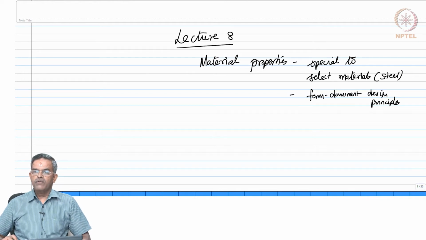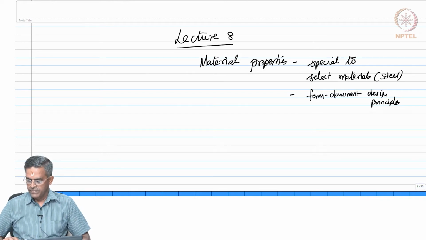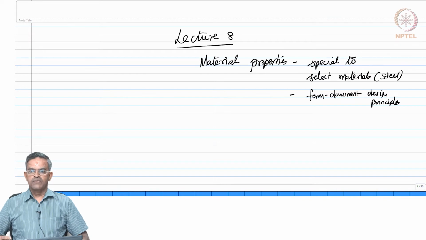Steel is the most preferred material for construction of conventional and special types of structures.